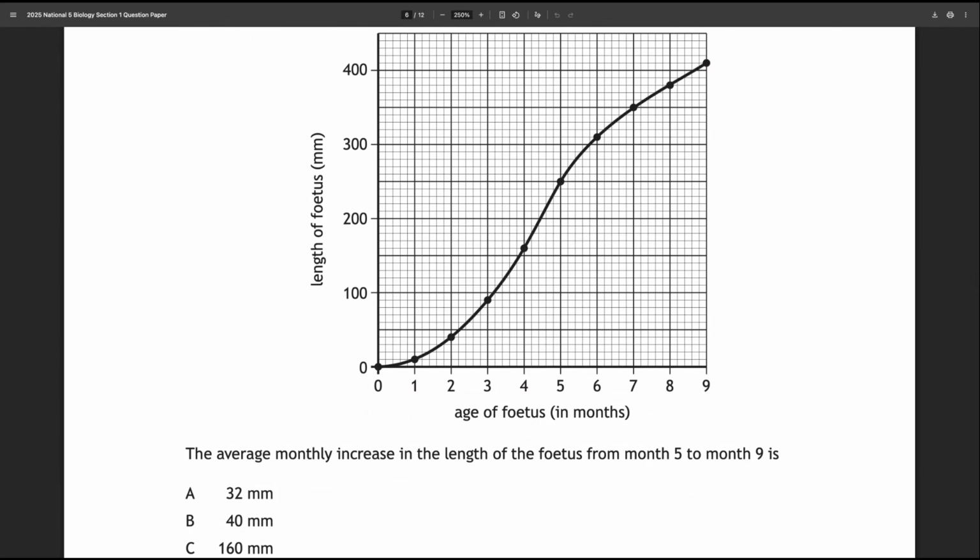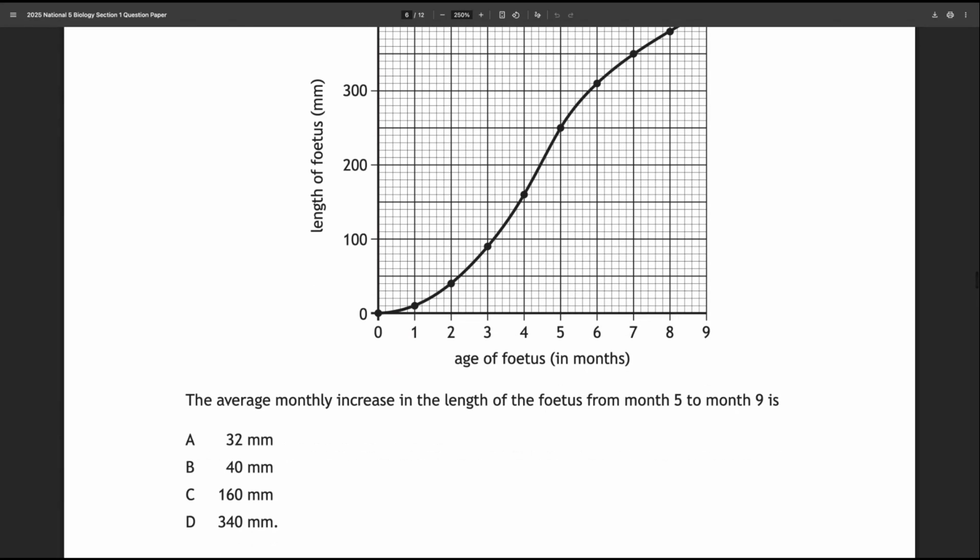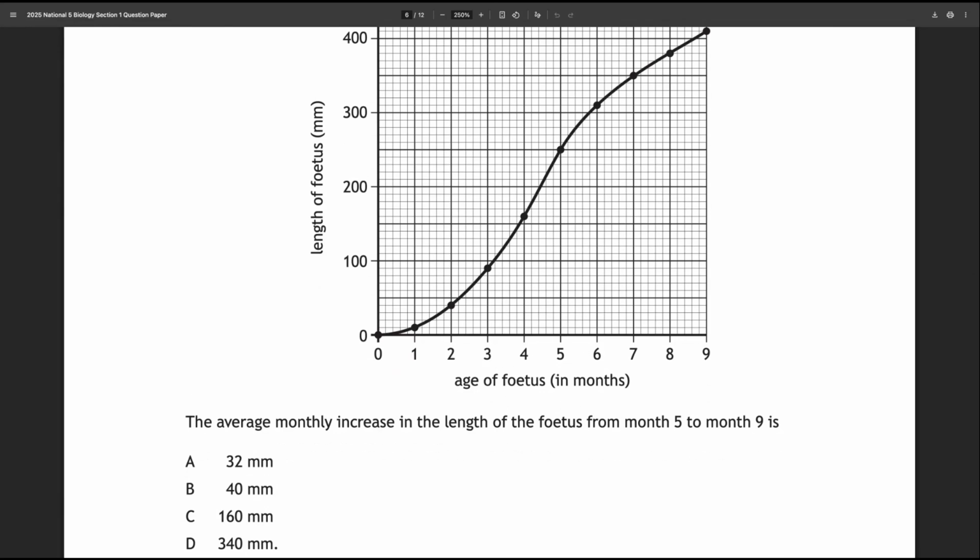Okay, question 14. The graph shows the growth of a fetus. Okay, we can see the length of the fetus changing there as the age of the fetus increases in months there. So it asks us, the average monthly increase in length of the fetus from month 5 to month 9 is. So we look at month 5, and we track up on the graph. The length of the fetus at month 5 is 250 millimeters. The length of the fetus at month 9 is 410 millimeters.